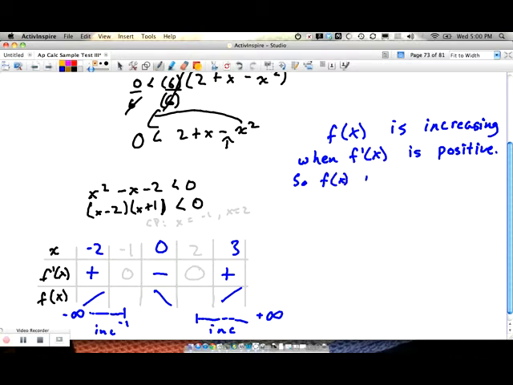From negative infinity, so what are we looking at? For when x is less than -1, or when x is greater than 2. There we go. Let's do part B.